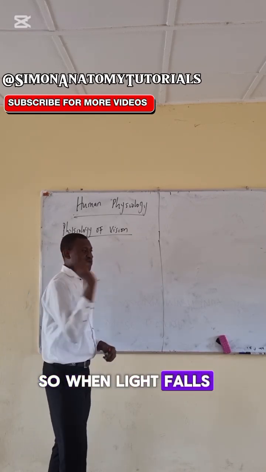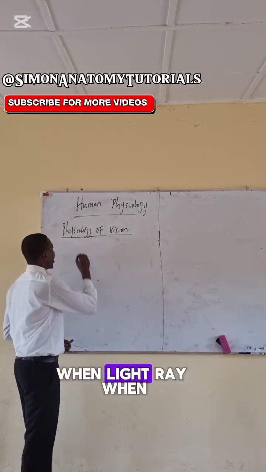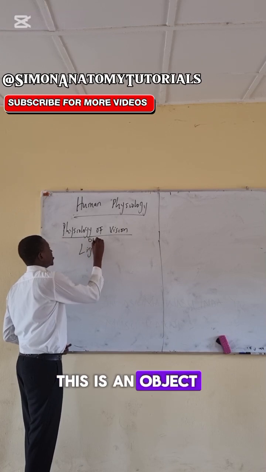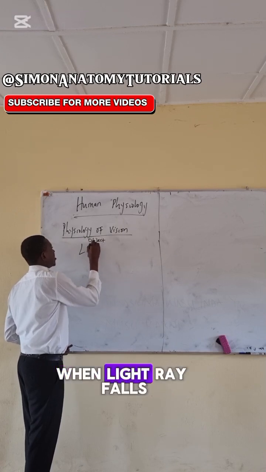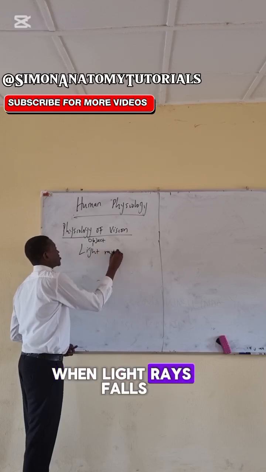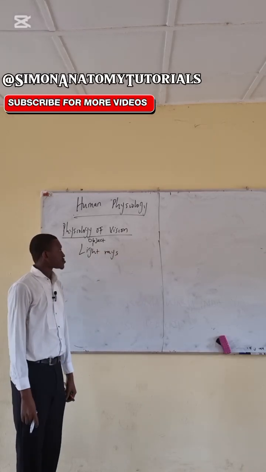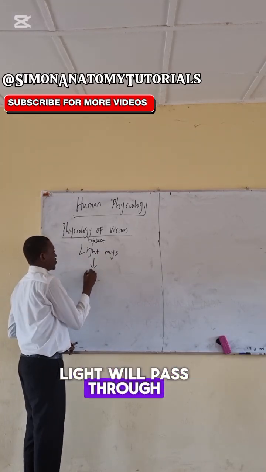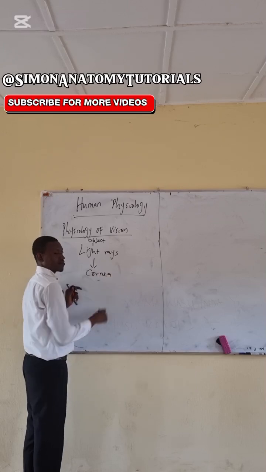So when light rays fall on an object, the reflected ray of light will pass through the eye cornea.